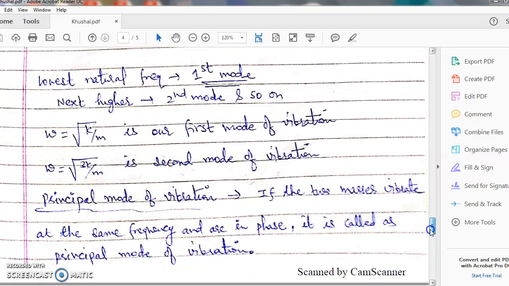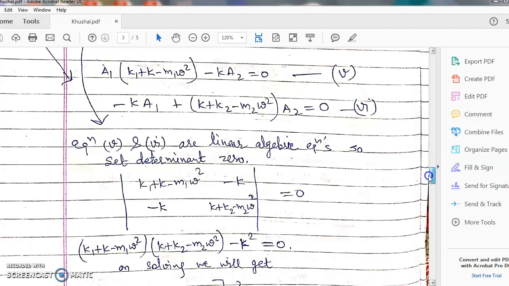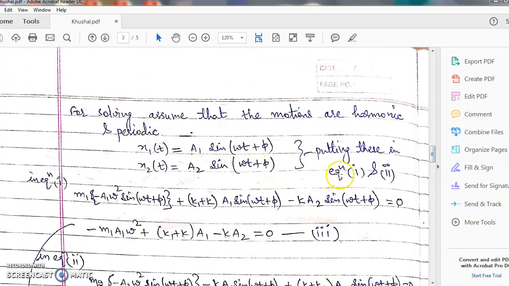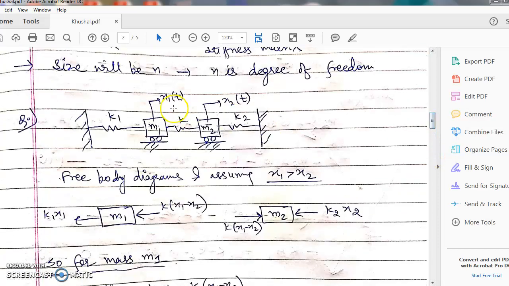How to find the equation, the amplitude and the omega? This was our system. What we have done: we assumed x1 is greater than x2.